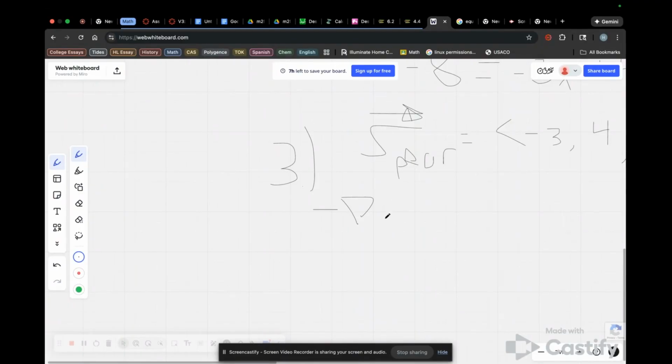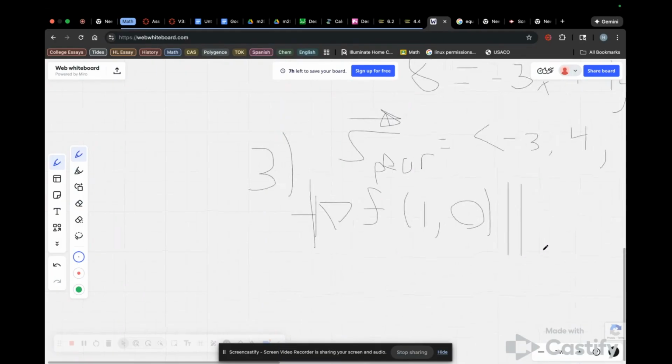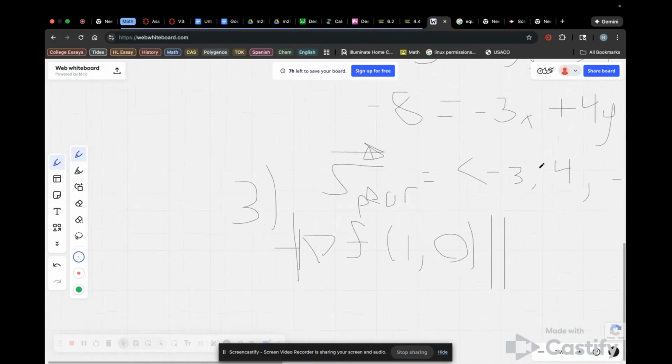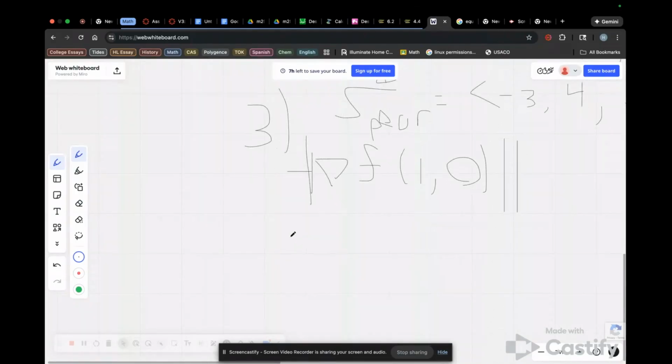We already did the gradient, and we know that f of 1, 0 gives us the gradient of 1, 0, which is the vector 3, negative 4 from previous steps. So we just take the opposite of the magnitude of 3, negative 4.